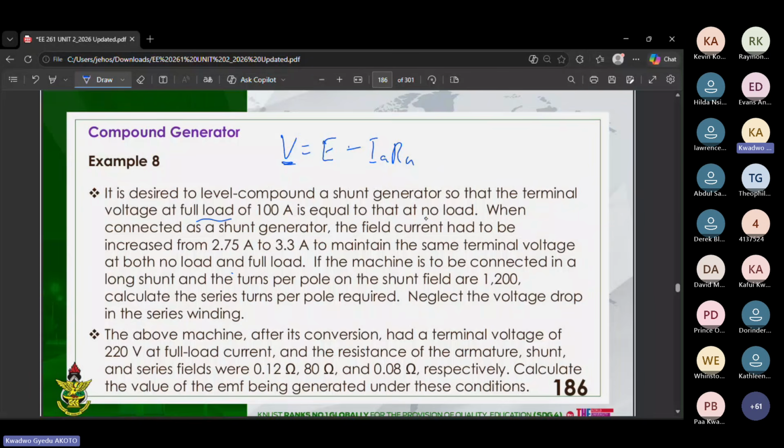When connected as a shunt generator, the field current had to be increased from 2.75 amps to 3.3 amps to maintain the same terminal voltage at both no load and full load.